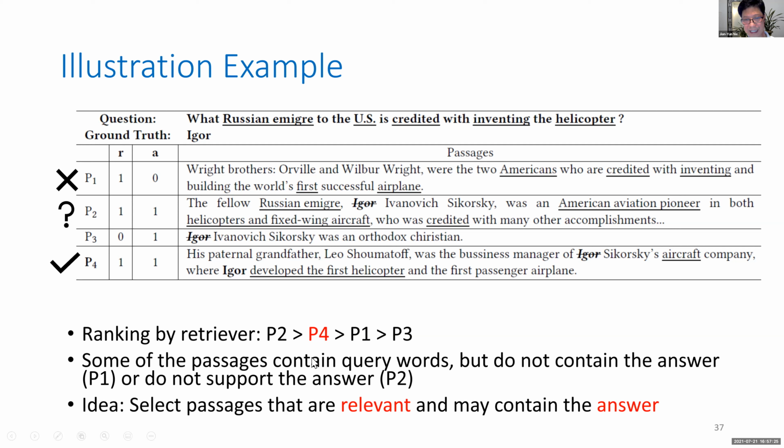And by considering not only whether the passage is relevant to the question, but also trying to collect some signals to determine whether the passage may contain some answer. If there is some signal that tells you there could be some answer in the passage for the question, then you will confirm that P4 should be ranked before P2. So that's the key idea.